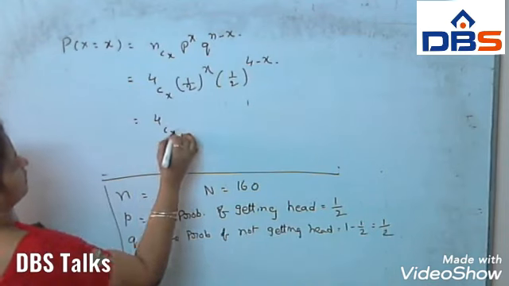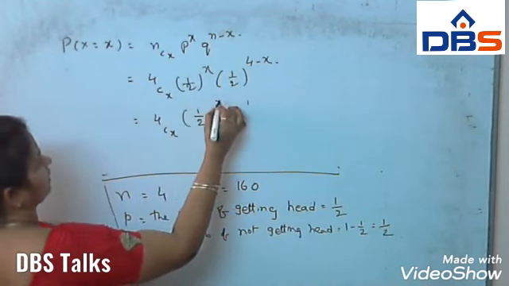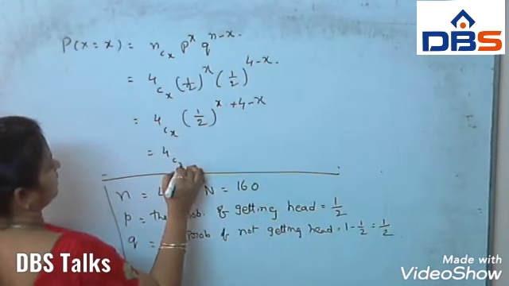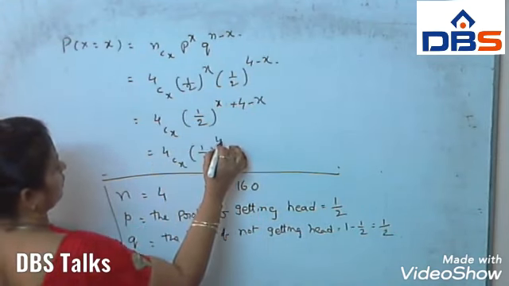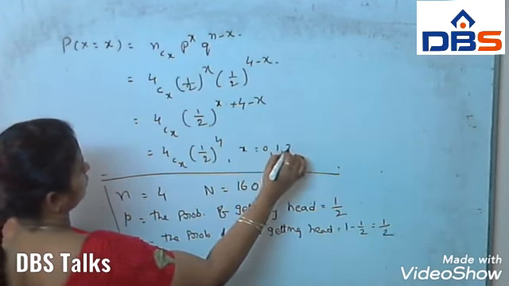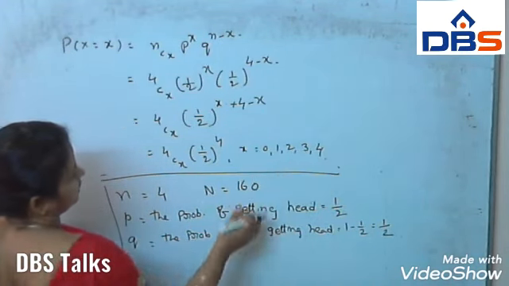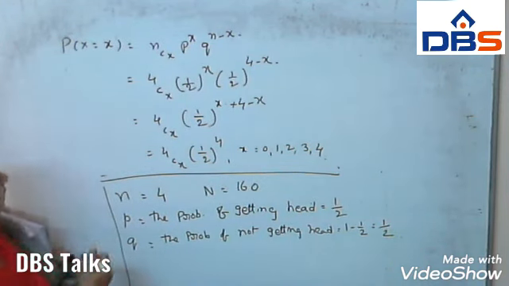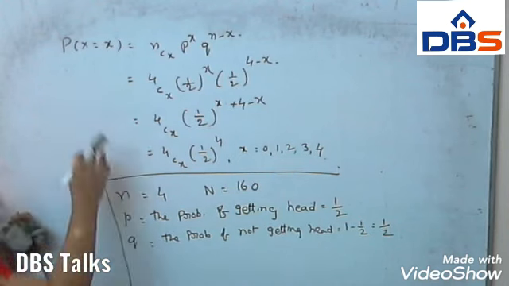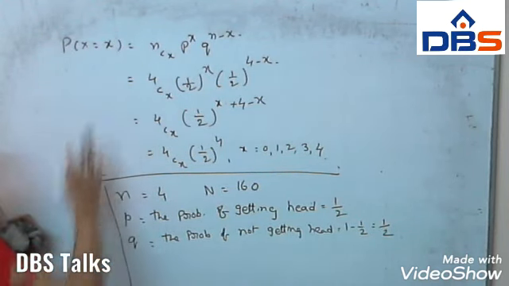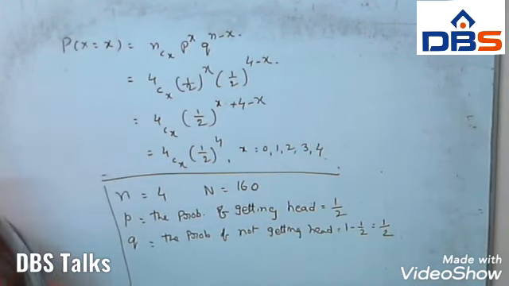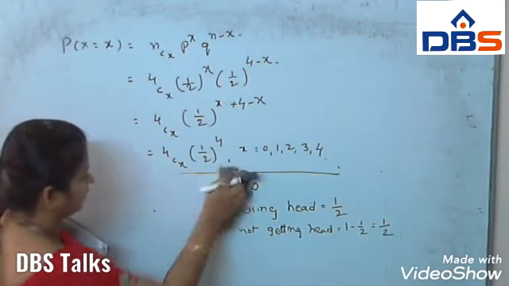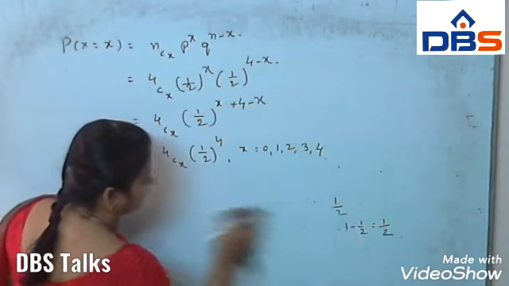So 4Cx, half power x plus 4 minus x. So that is equal to 4Cx, half power 4, for x equal to 0, 1, 2, 3, 4, x equal to 0, 1 up to n. So this is the binomial distribution formula to find each probability for x. Next, the observed frequencies are given in the table, and the expected frequencies.